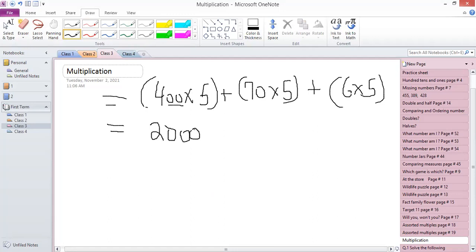It will be 2000, plus 70 multiplied by 5, 5 sevens are 35. In 35 you will add one zero. And 6 by 5 is 30.